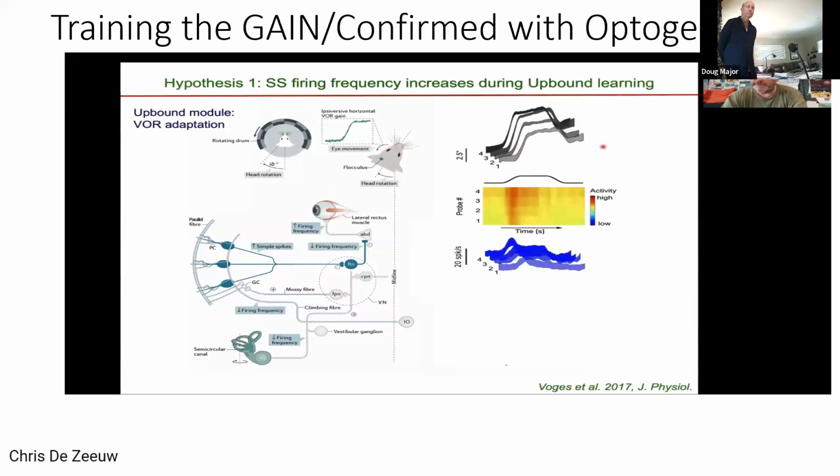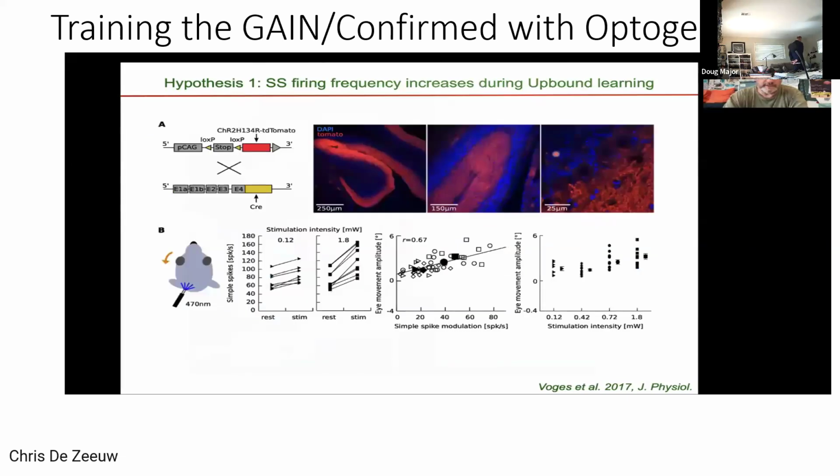Now you can say, okay, well, this might be an epiphenomenon, maybe it's just a sort of efference copy signal, not a causal effect. But then when we use optogenetics to stimulate these Purkinje cells in isolation, as we did in this experiment, then indeed, dependent on the strength of the stimulus, we could stimulate and increase the simple spike activity accordingly.